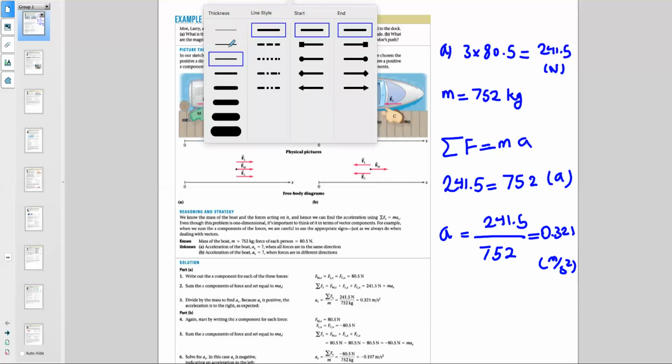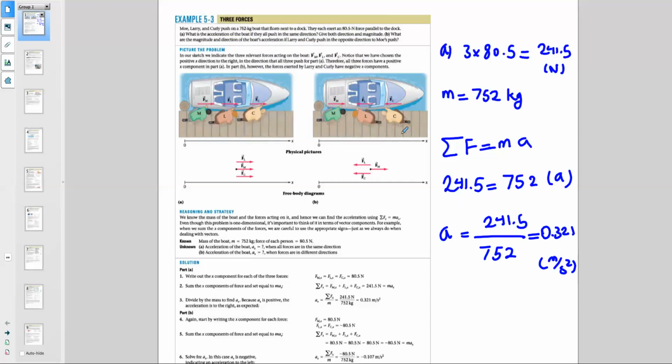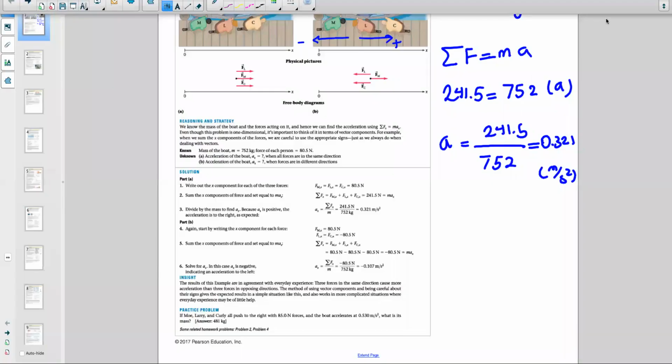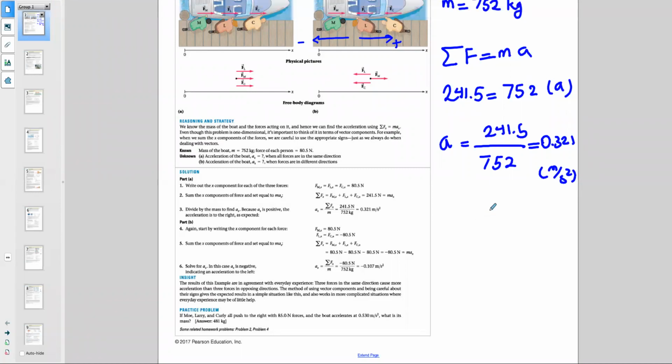Now part B: two of them are pushing in the negative direction, one of them is pushing in the positive direction. If we consider this direction to be positive and this direction to be negative, the situation is a little different because two of these forces will cancel out.